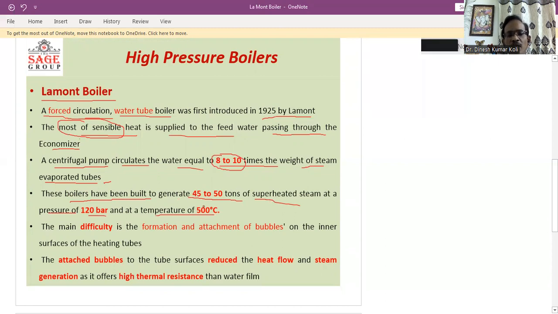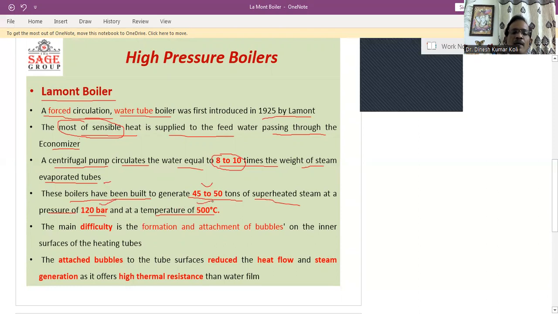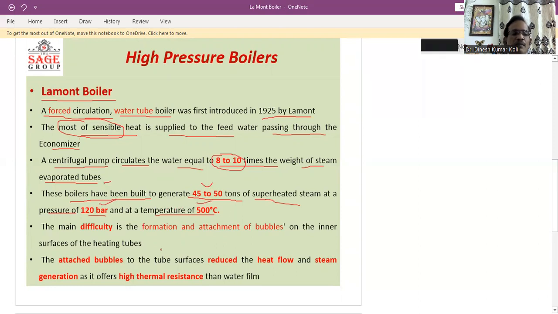It means this boiler has a steam generating capacity from 45 to 50 tons. It operates at a pressure of 120 bar and at a temperature of 500 degrees centigrade, which is the maximum limit.